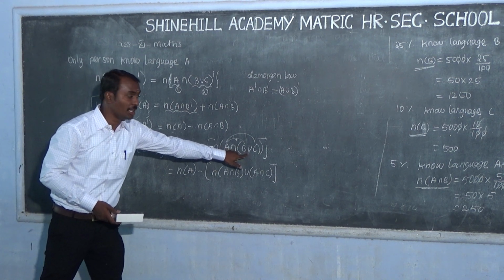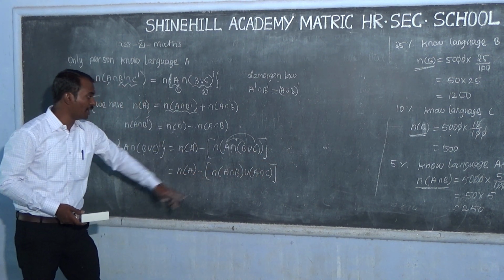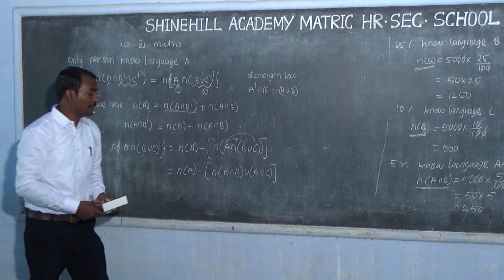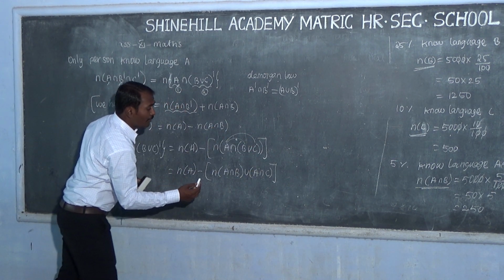We distribute the A value to B and C, so then we get A intersection B union A intersection C.